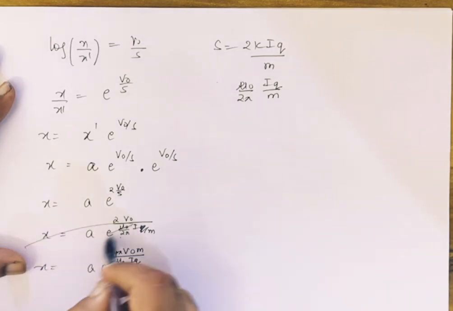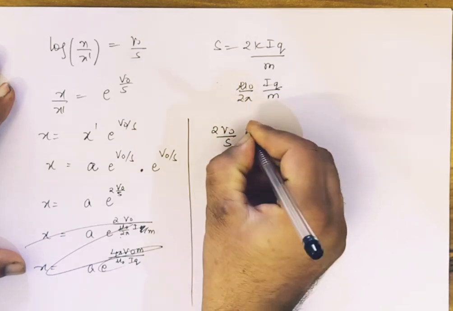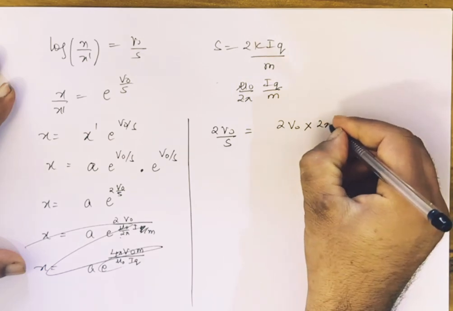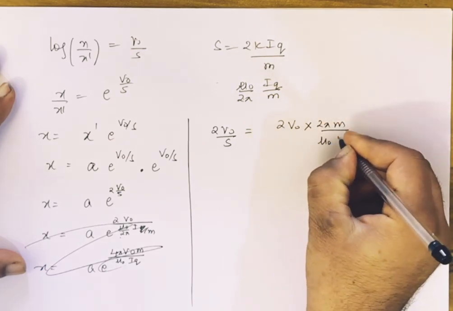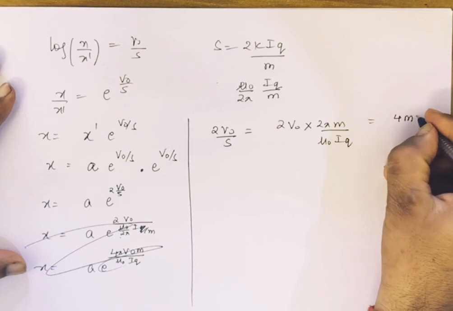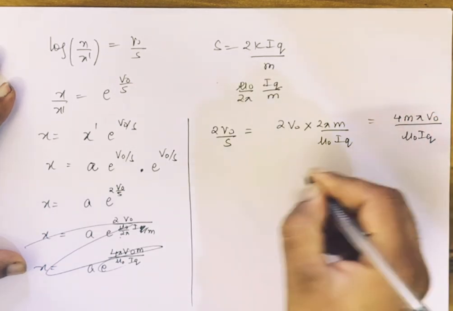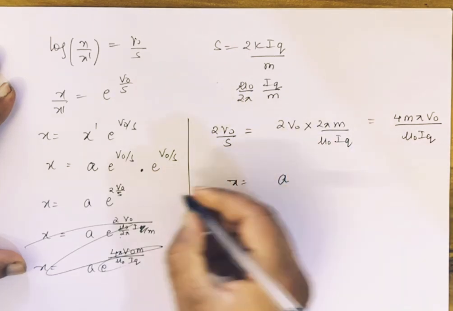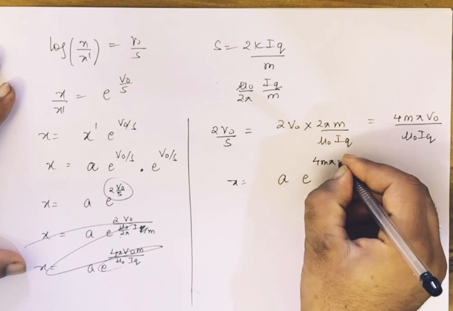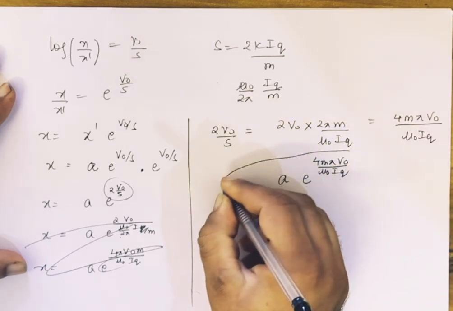Let me write it properly, maybe I am writing wrong. So I'll solve this only: 2 v naught into 1 upon s. 1 upon s is 2 pi m by mu naught i q. That is better: 4 pi m v naught divided by mu naught i q. So x will be a times of this entire thing I solved, e power 4 m pi v naught upon mu naught i q. That is the answer to the question.